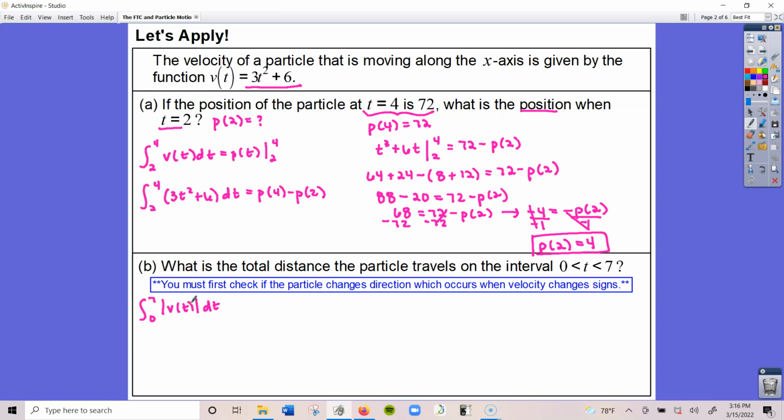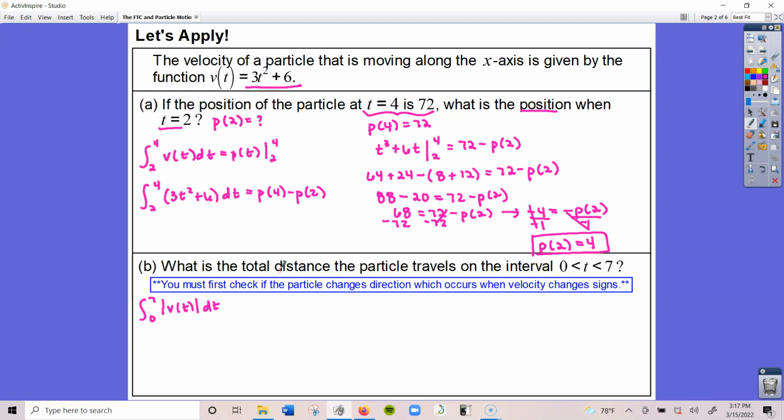What we're first going to do is check if the particle changes direction, because if it does, then I would need to, think about it if you had a graph. If it changes direction, then that means that you'll have some of your graph above the x-axis for when it's going to the right, and below the x-axis for when it's going to the left. But because this is total distance, we would need to add those areas regardless of their signs. So that's why we need to check if it changes signs.